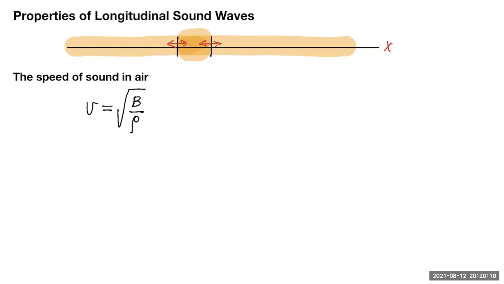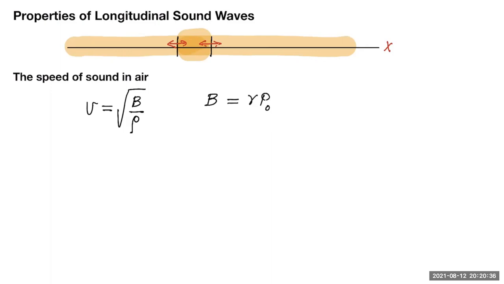So how does one calculate the bulk modulus for air? Well, we're going to see some more details in the calculation when we study thermal physics. But I can tell you that you can borrow this formula for now: B is proportional to the pressure of the gas, which makes sense, but it is not equal to the pressure of the gas, which we call P naught. There is also a constant in front of it, which we'll call gamma.